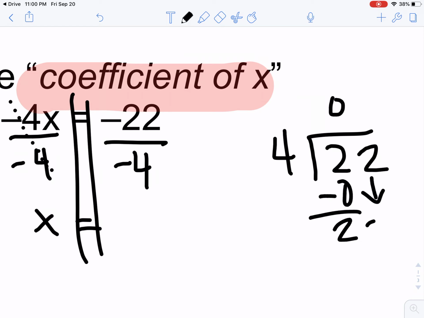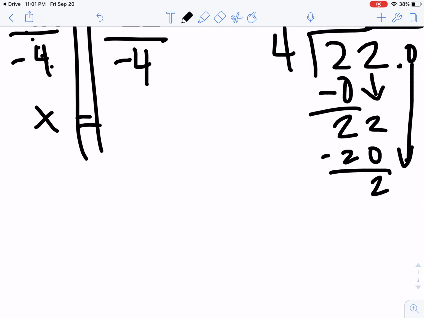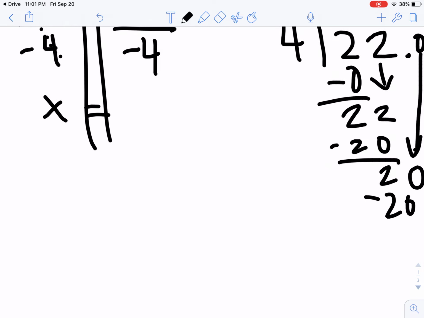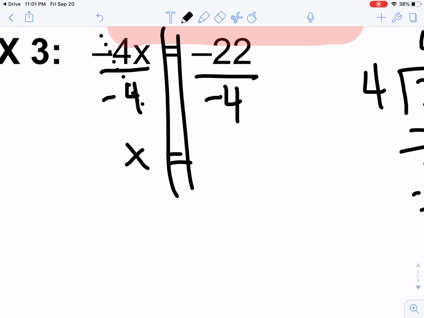Drop down 2. 4 goes into 22 5 times, minus 20. Now we have a decimal here, and after the decimal we have an infinite amount of zeros. We could drop down a 0. 4 goes into 20 5 times, evenly. We have no remainder, so our answer here is 5.5.